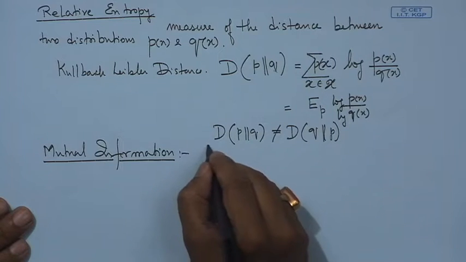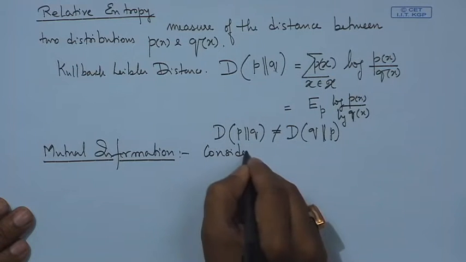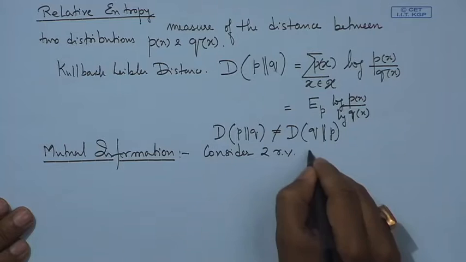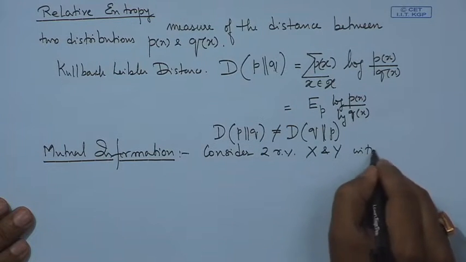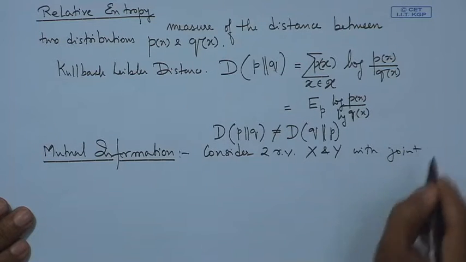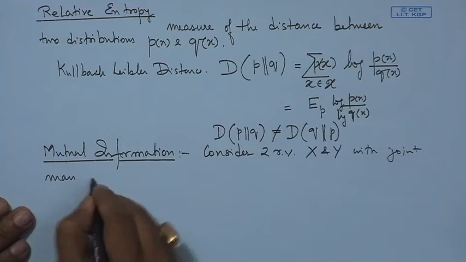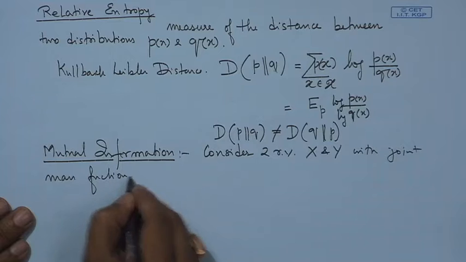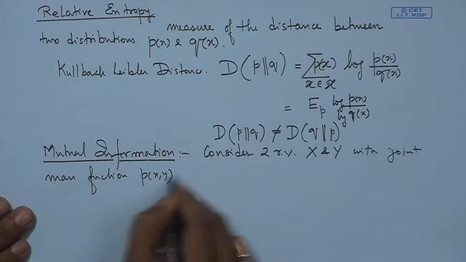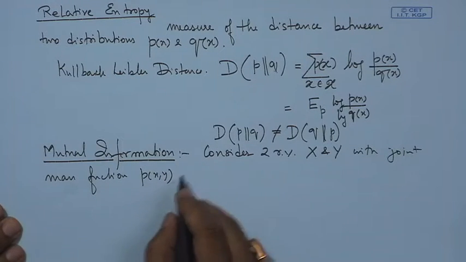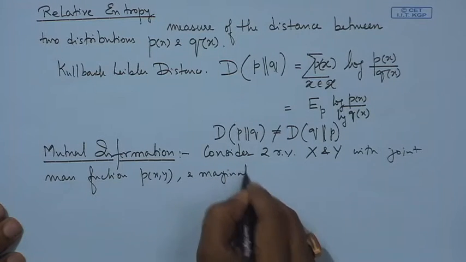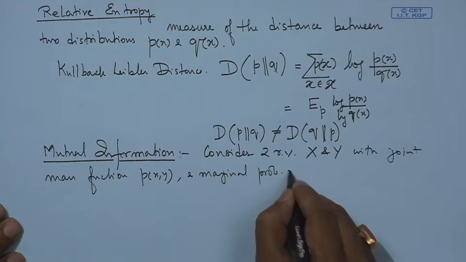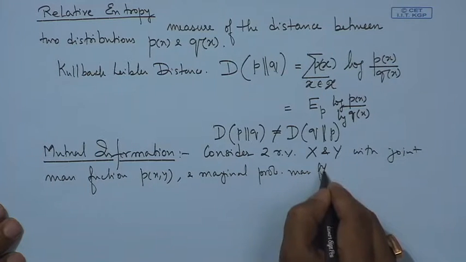So the expression of mutual information. When we look at it, we would consider two random variables x and y with joint mass function P of xy. See, we are talking about discrete random variables, therefore we are talking about mass functions and marginal probability mass functions.